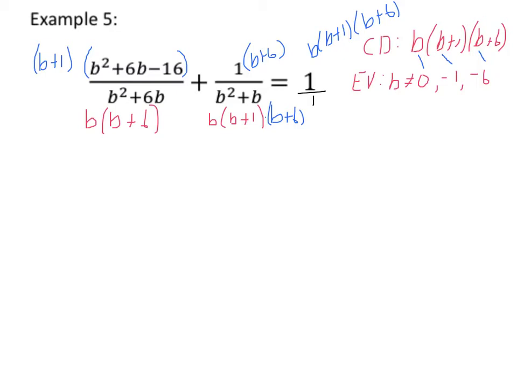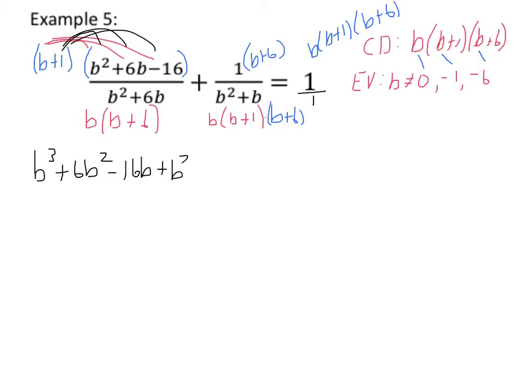So our first one has a big foiling process, or not foiling but distribution process. So if I distribute the b, I get b cubed plus 6b squared minus 16b. I distribute the 1, which is nice because it's going to be exactly the same as it is.